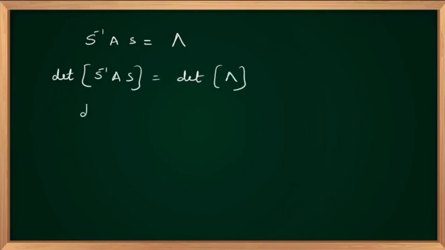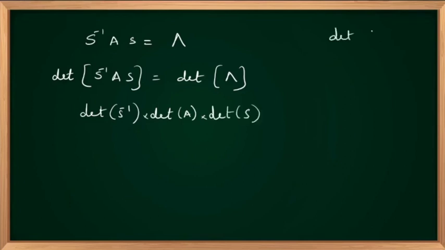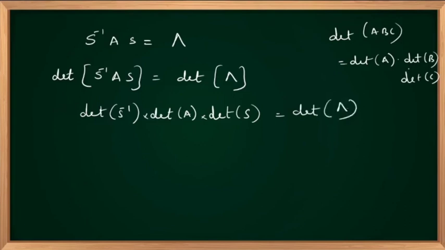The determinant of a product, you can split into the product of determinants: determinant of S inverse into determinant of A into determinant of S. Determinant of A, B, C is equal to determinant of A into determinant of B into determinant of C. That is a property, right? So I can always split it up. This is equal to determinant of lambda on the right side.